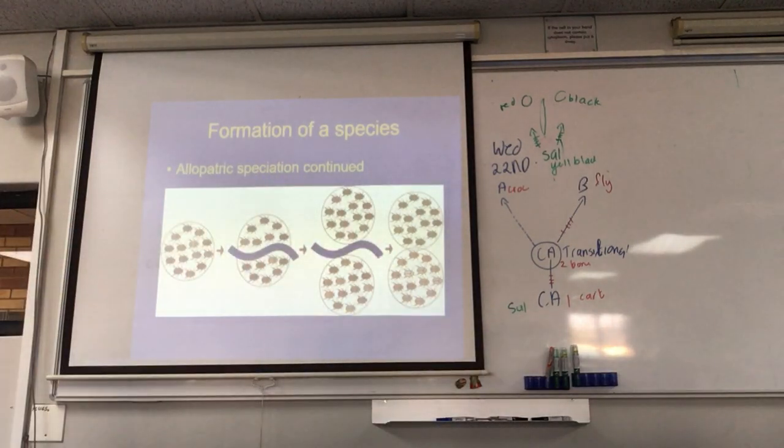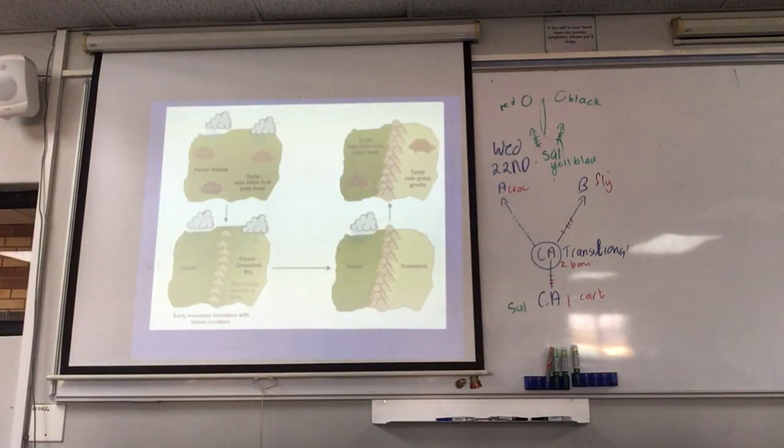Okay. So there's another one, turtles. Okay, so, this is cute. So forest habitat, turtle eats fallen fruit, bobs its head. Okay? Then, over thousands of years, now there's this mountain range popping up, okay? Tectonic plates crashing together.